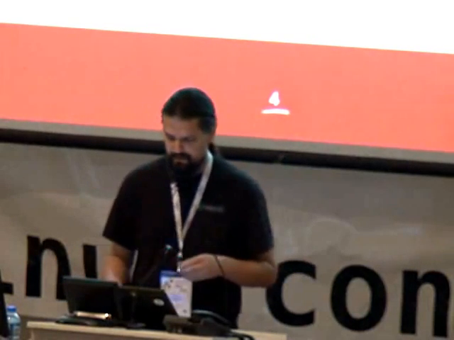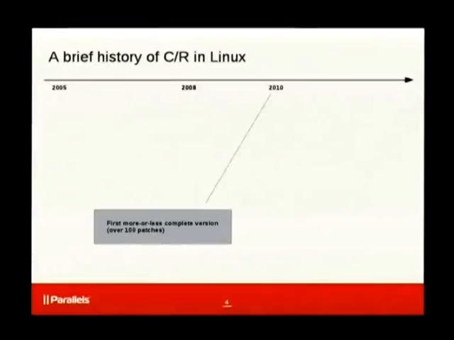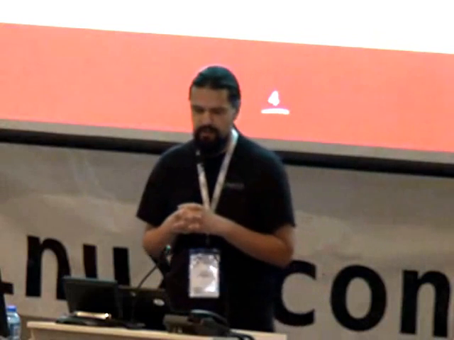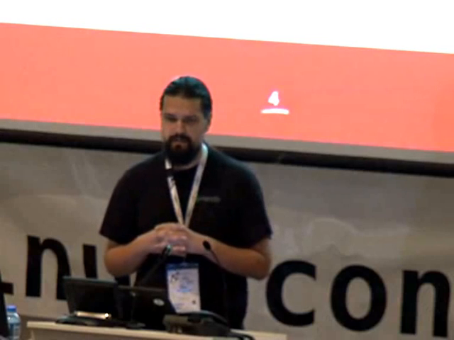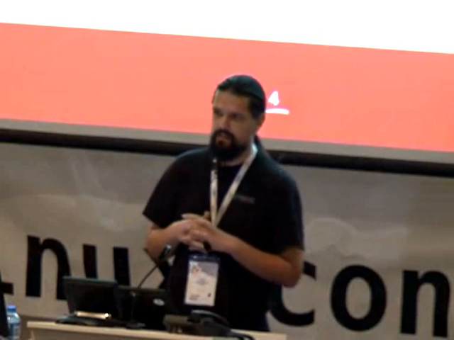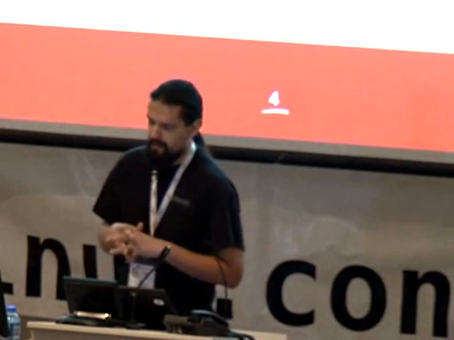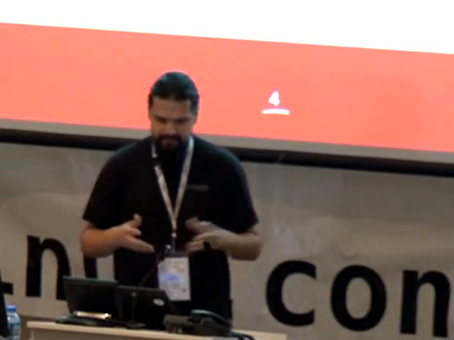So we tried to do it together, doing checkpoint restore as an all-in-kernel implementation, and in a couple more years a first more or less complete version which could do a lot of stuff was ready, and it was sent for review on the kernel mailing list. It contained over 100 patches, but the community decided that having this huge piece of code in the kernel was not the way to go, as it leads to various bad things.